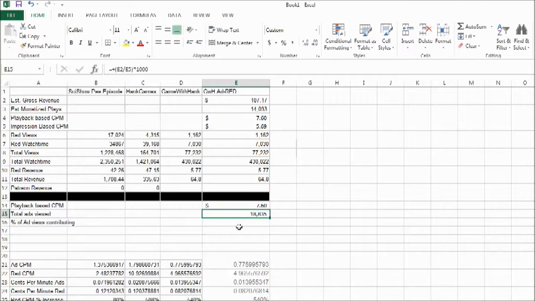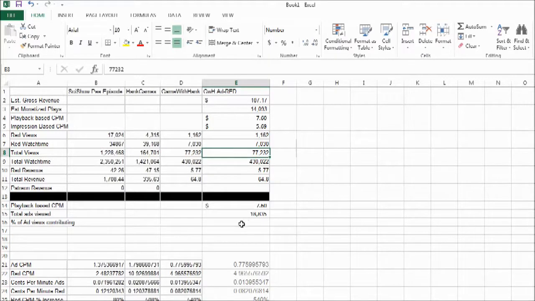But what I was kind of curious about is what percentage of views contributed to your gross revenue. Because here it says estimated monetized plays were 14,000, when you can see that your total views, having subtracted red views, is about 76,000.